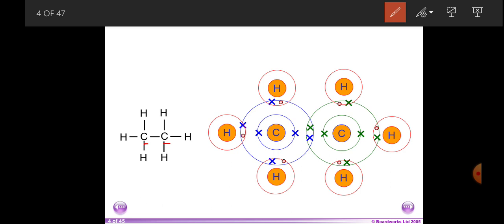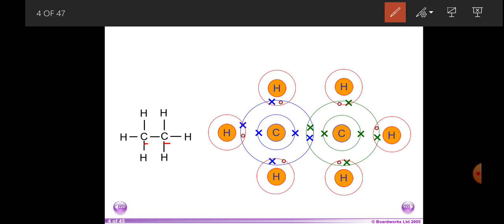In terms of definition, catenation is the ability of atoms of the same element to form bonds with themselves. For example, in this case, our carbon has formed a bond with another carbon.